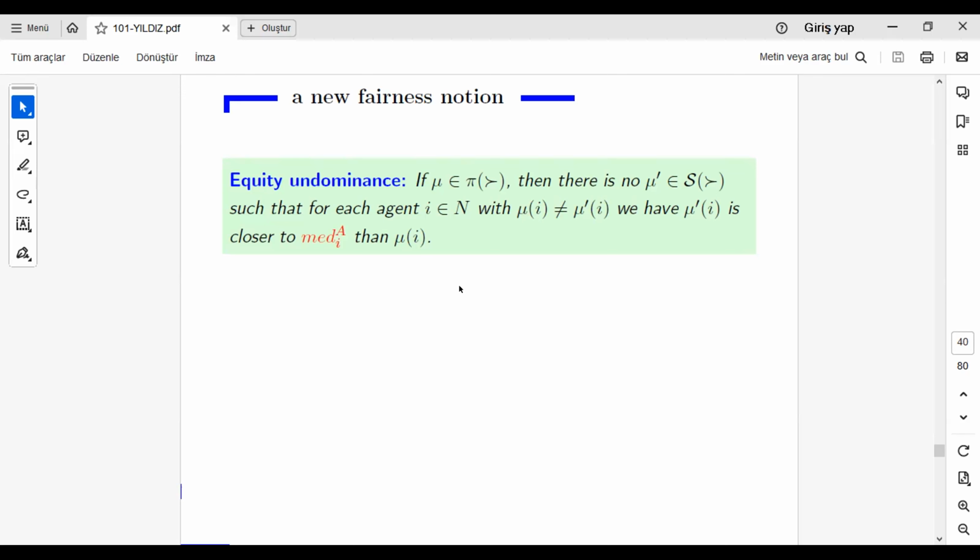So what does equity on dominance say? A matching would fail to satisfy equity on dominance, would be equity dominated, if it is possible to move from that matching to another matching where every agent is closer to his or her median mate. Otherwise, if this is not possible, we call that matching satisfying equity on dominance.